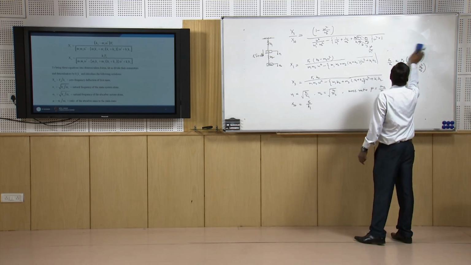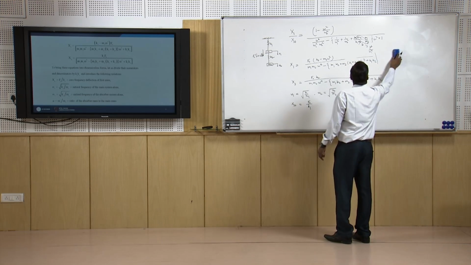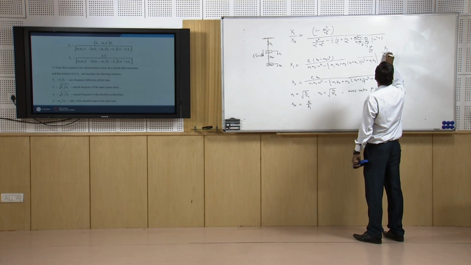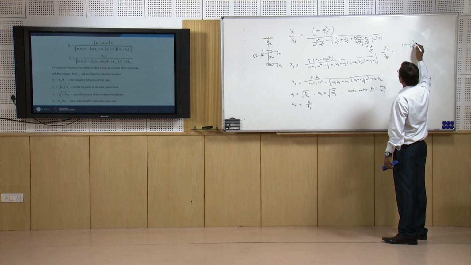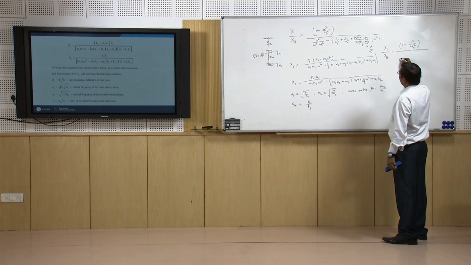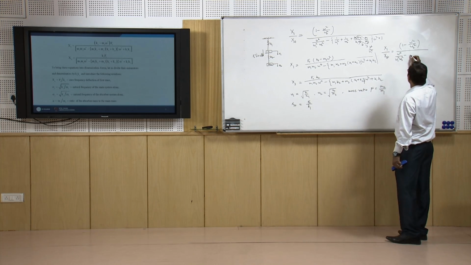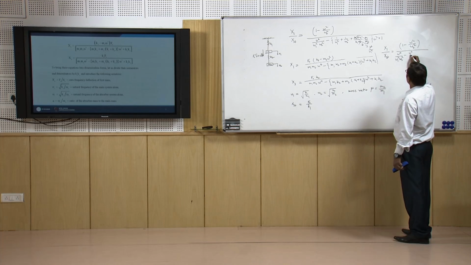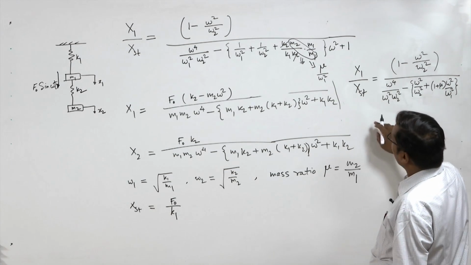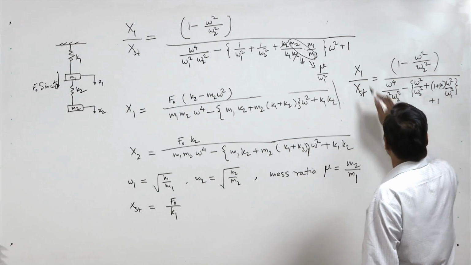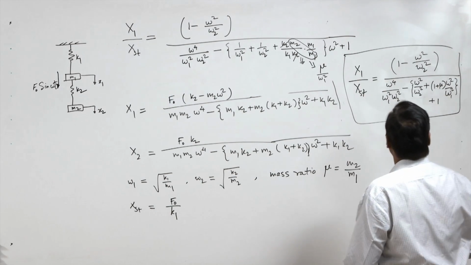So we will have x1 by x st equal to 1 minus omega square by omega 2 square upon omega 4 by omega 1 square omega 2 square minus omega square by omega 2 square plus 1 plus mu omega square by omega 1 square plus 1. So this is x1 by x st.